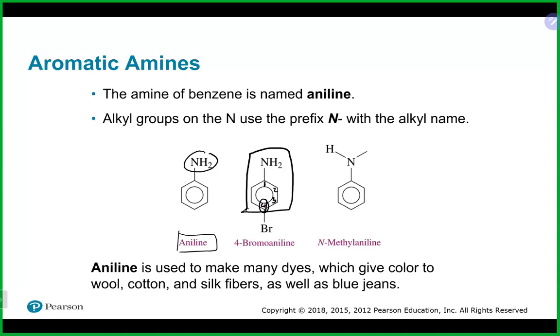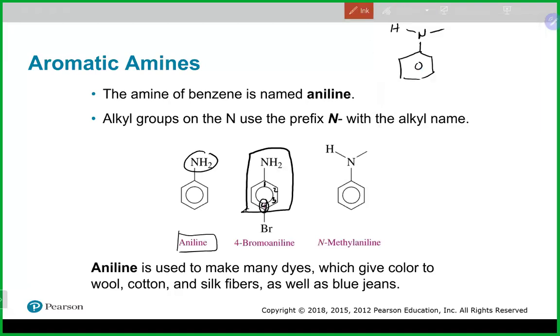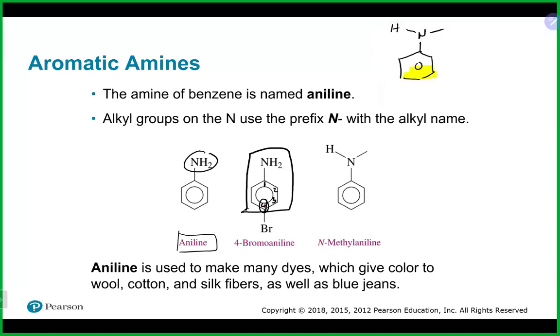Now, in a situation like this, if we look at our last one here, we still have aniline happening, and that is here. Obviously, this part. So that is our aniline part.